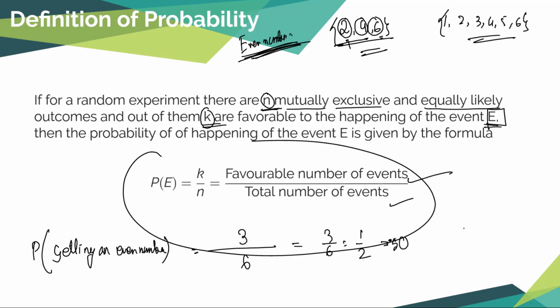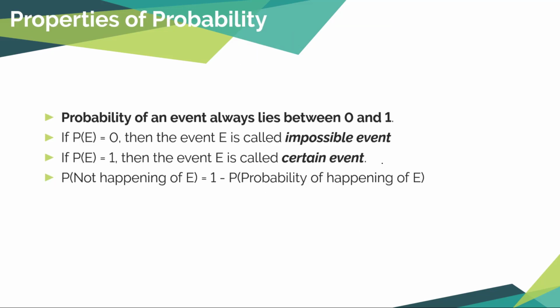So probability can be expressed in terms of fractions, or you can express it in terms of decimals also. This is the formula to calculate probability. It's very simple: favorable number of cases divided by total number of cases or sample points or events. This formula you have to memorize, and it's easy to memorize.